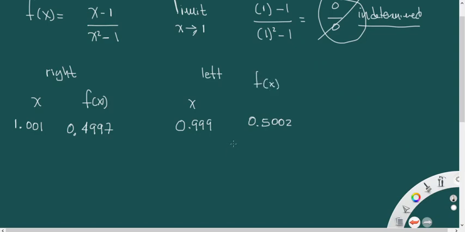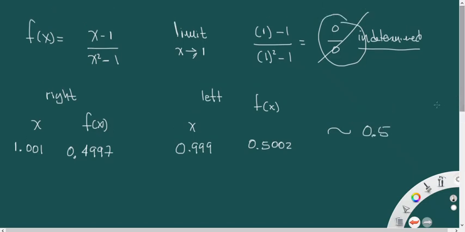Approximating from the right, we add this tiny delta to 1, and we come up with 0.4997. And if we approximate from the left using a value less than 1, but with a tiny difference, we see that it yields 0.5002. So from here we can, by intuition, say that we are approximating a value of 0.5.